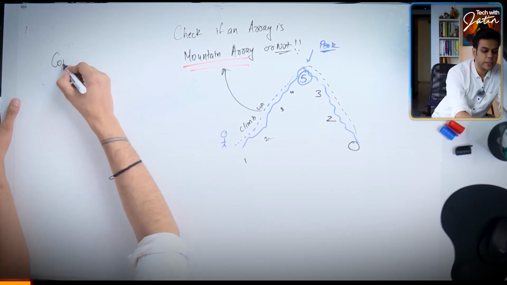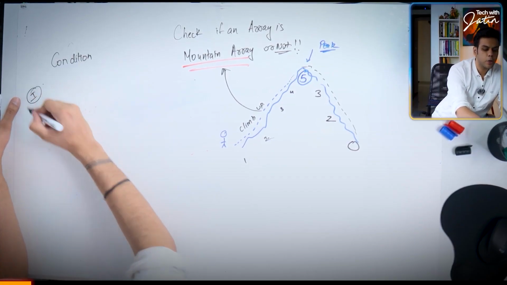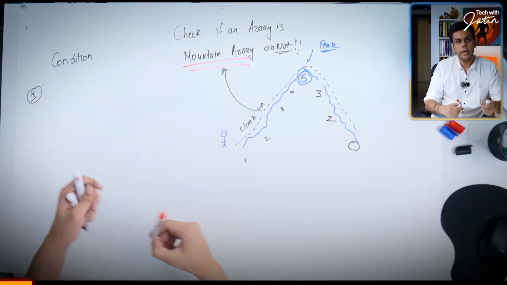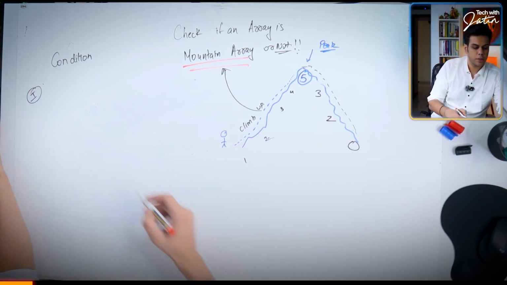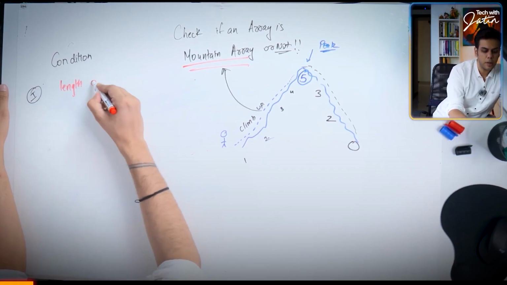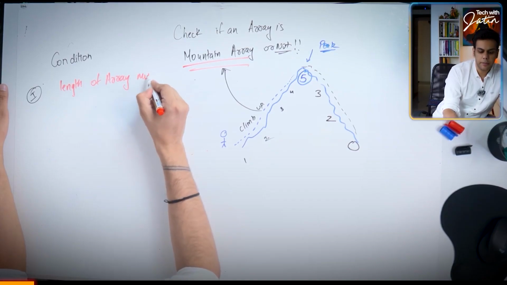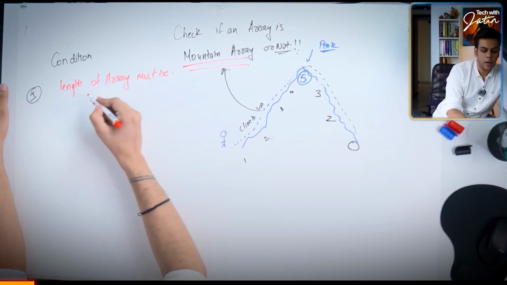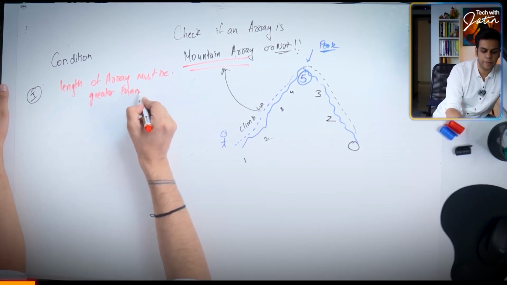Now, the first condition for an array to be a mountain array is it should have a minimum of 3 elements. Okay. So, first, the length of the array must be greater than 2.